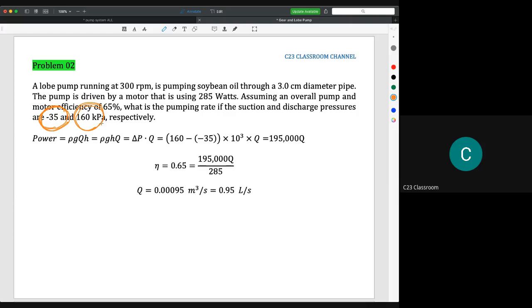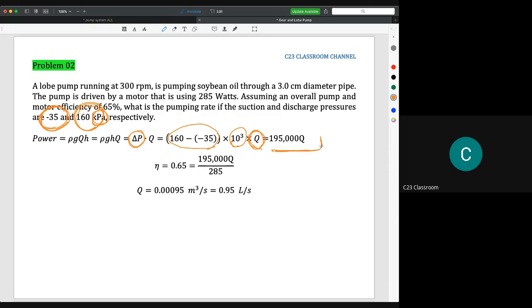If we calculate the delta P here, we write 660 minus negative 35, so we have positive 695. Then we need to multiply by 1000 because the unit here is kilopascal. We let Q be the unknown parameter, so we have 695,000 Q here.